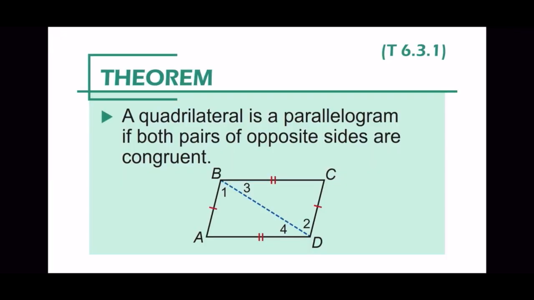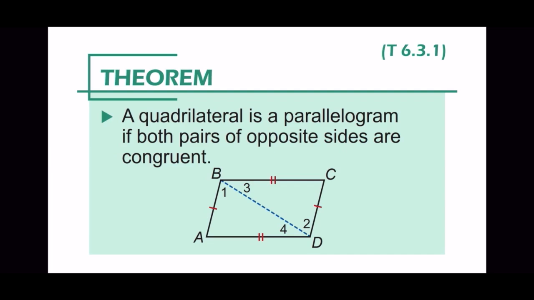Now, back to the theorem. The diagram gives us a quadrilateral with both pairs of opposite sides congruent. Notice that a diagonal, BD, is added as an auxiliary line. It's pretty easy to show that the 2 triangles are congruent by side, side, side. Angle 1 and angle 2 are corresponding angles, and therefore congruent, and because they are congruent, sides AB and CD are parallel.